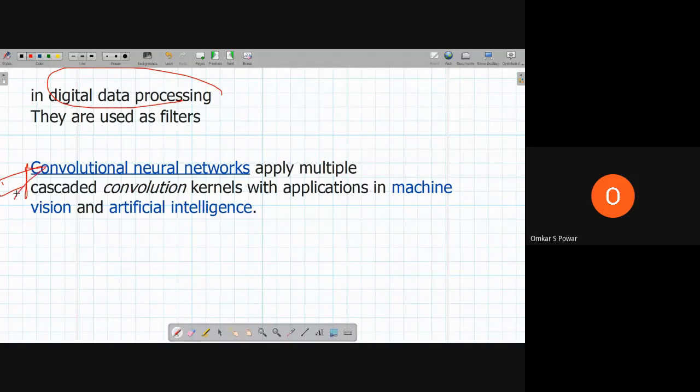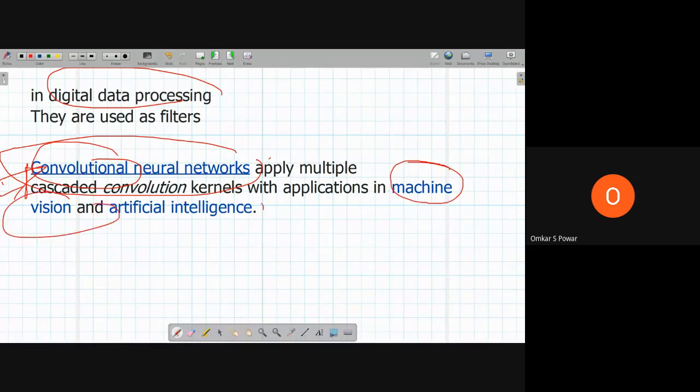Then in convolution neural networks, you will use this convolution process, like filters, as I told you. In present technology like machine vision and artificial intelligence, this is what is trending.